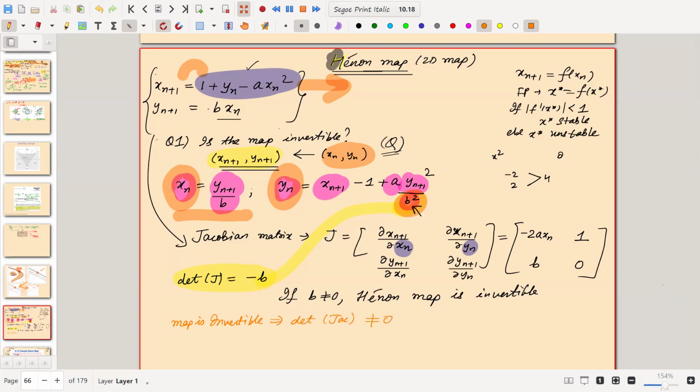This we used. We computed the Jacobian and the determinant, and came to know that the determinant is nothing but minus b. So if b is 0, then the determinant is 0 and hence invertibility is lost. You can clearly see that from this example also. Therefore, for b not equal to 0, the Henon map is invertible. So we answered this question.